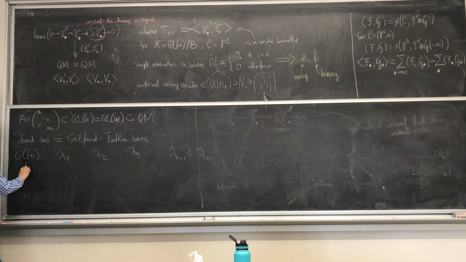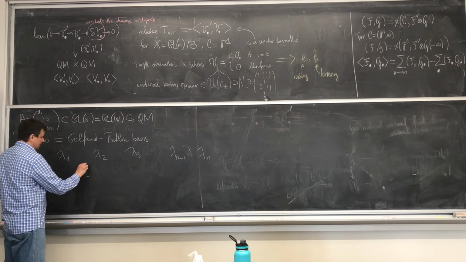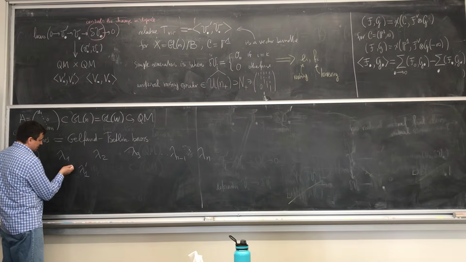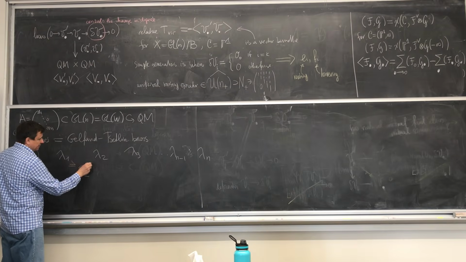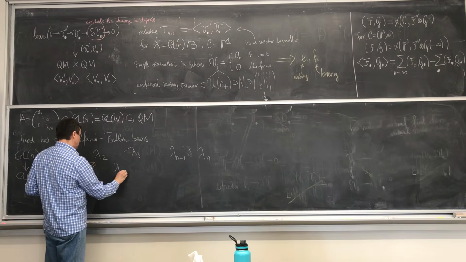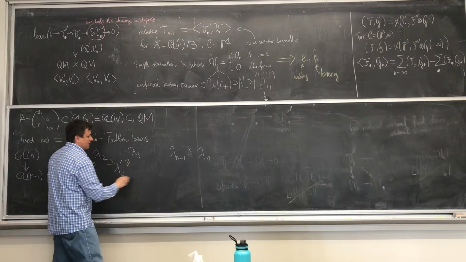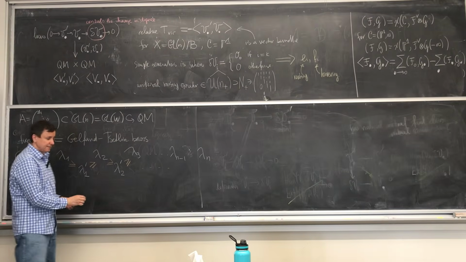And if I restrict it to GL_(n-1), then from an n-tuple I have to go to an (n-1)-tuple. The relation is that this one has to be sandwiched between these two, and then this one has to be sandwiched between these two. So, this interlacing thing.